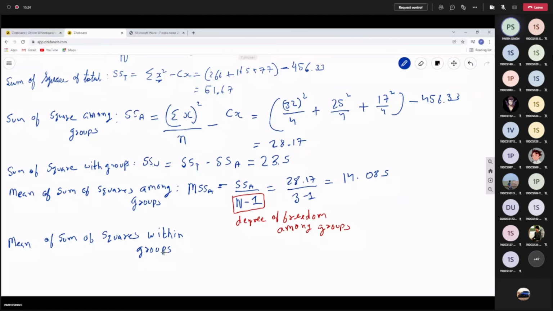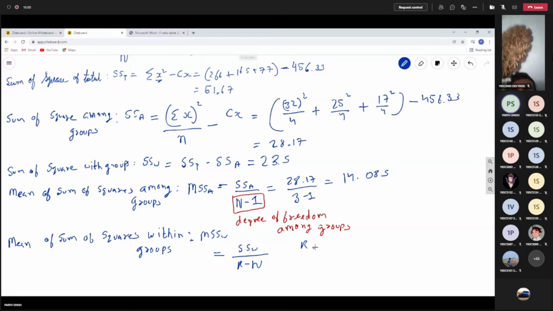Okay, so the mean of sum of squares within groups, the symbol is MSSW, which is equal to SSW upon, here I will write K minus N. Where K is your total number of samples.